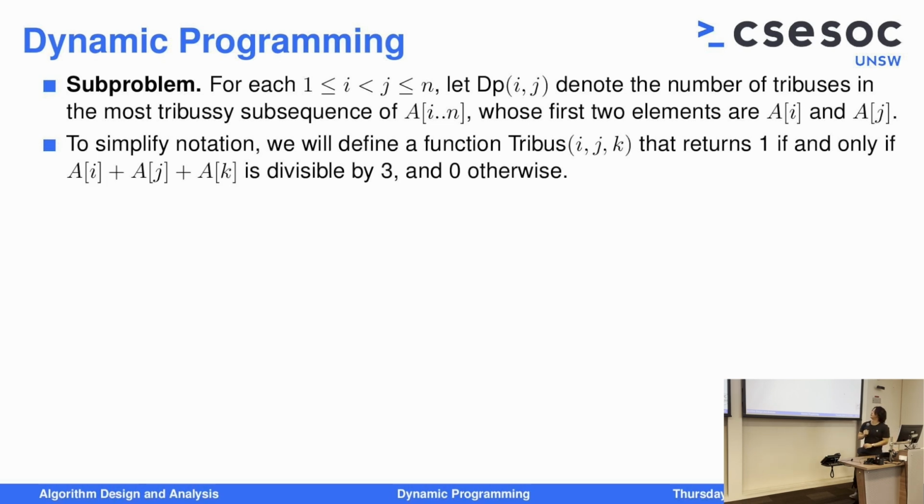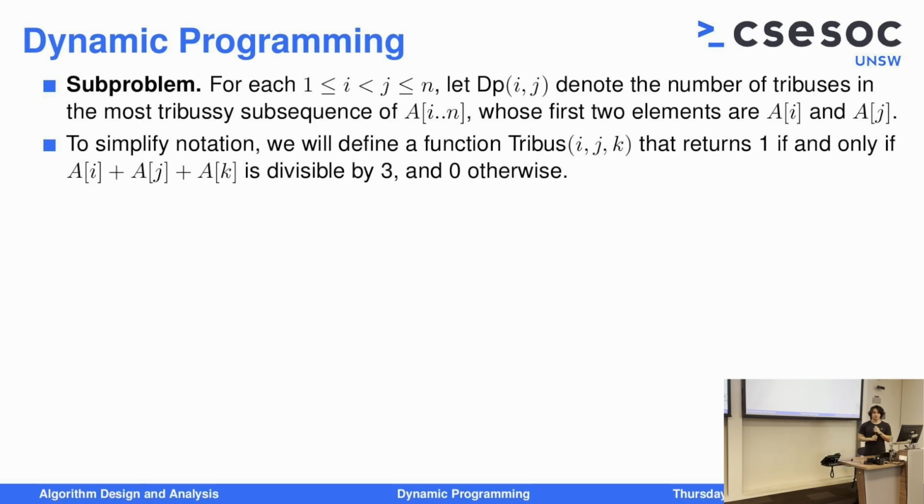This is really important, and this is actually really hard to find, that we need the first two elements to be a_i and a_j, because you actually have a lot of things to try before you get to here, like starting at just a_i and ending at a_j, something like that.